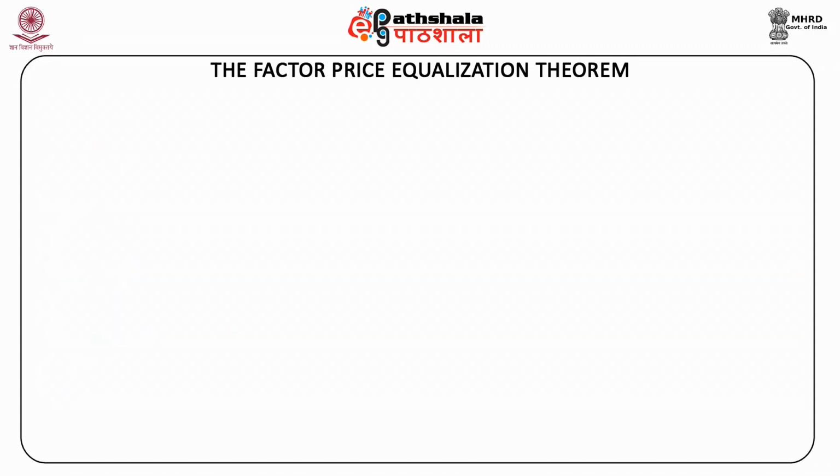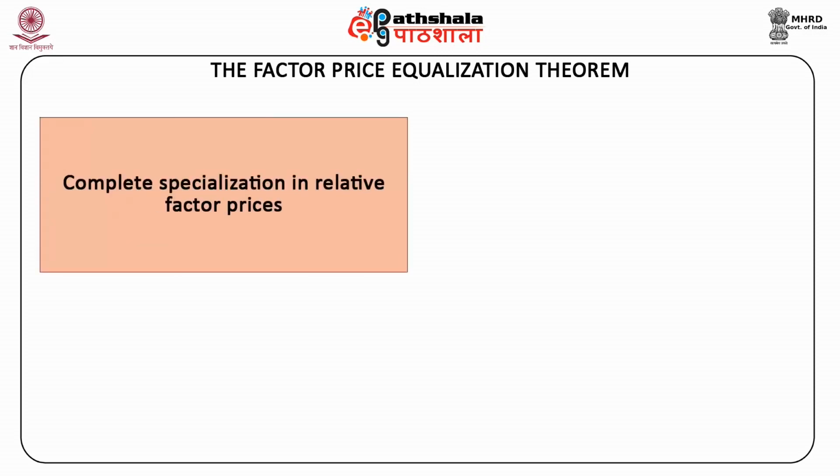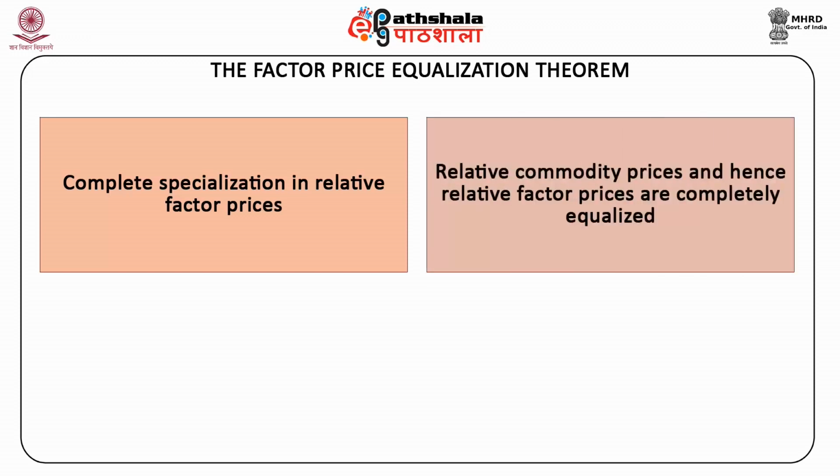However, trade not only reduces the difference in the return to factors of production, but would bring about a complete equalization in relative factor prices. International trade will keep expanding until the relative commodity prices, and hence relative factor prices, are completely equalized.